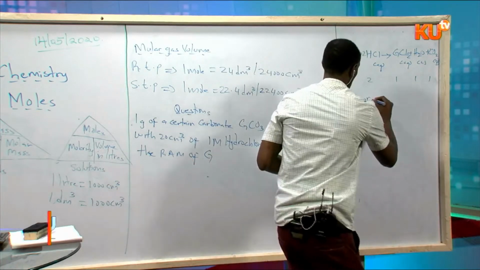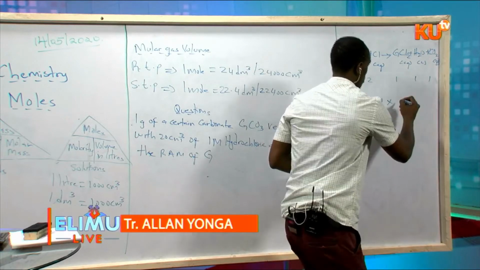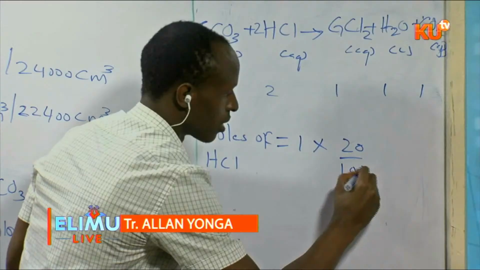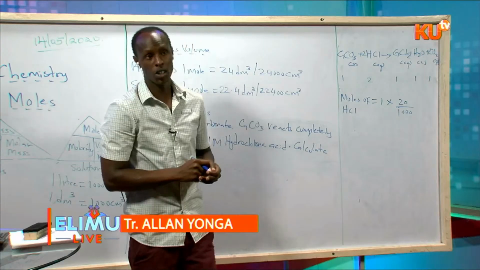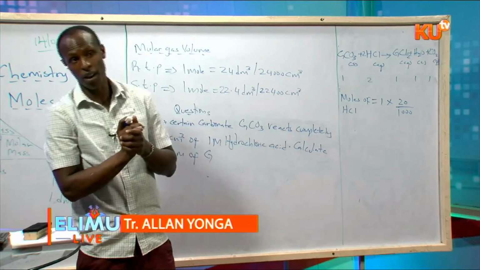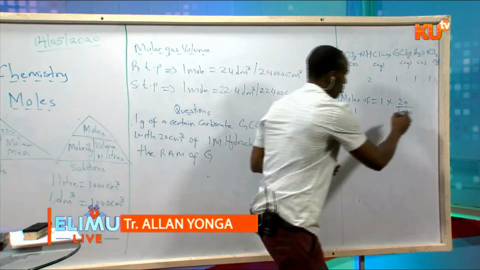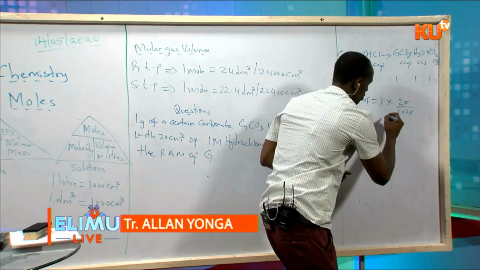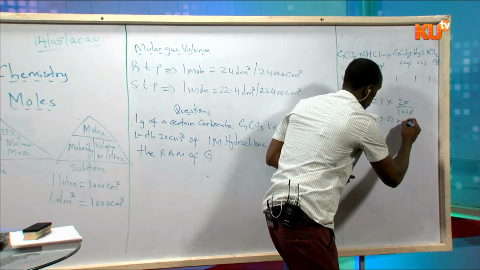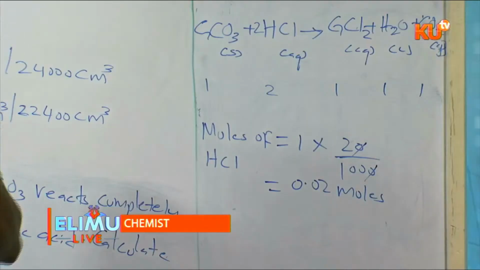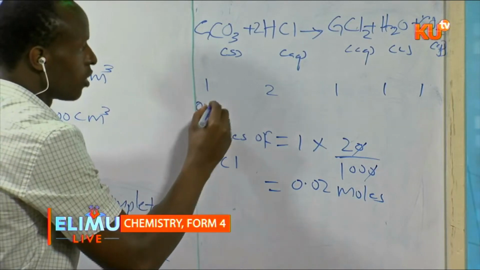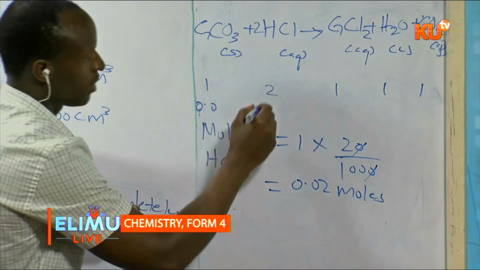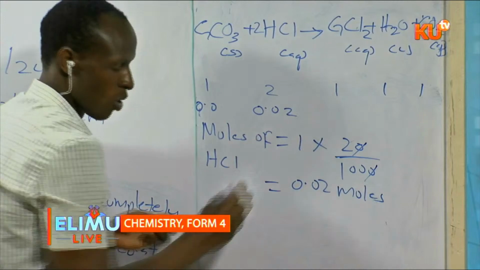So moles will be 1 times 20 over 1,000. Why 20 over 1,000? To change 20 centimeter cubed to liters, you divide by 1,000. That gives you 0.02 moles. Those are moles for HCl, 0.02 moles.